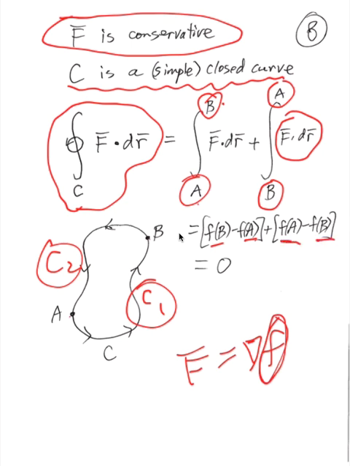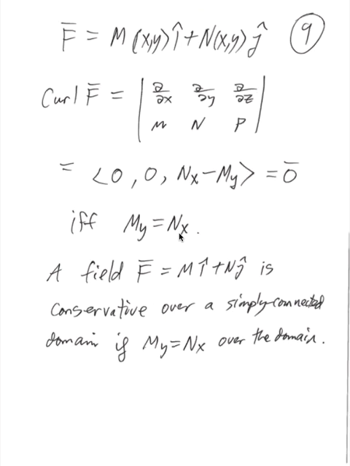But notice I'm taking the difference in the opposite order. And then what happens? We get total cancellation. So the point is, in a conservative field, if you're integrating around a loop, a simple closed curve is sometimes called a loop, by the way, you're going to get 0 for your answer. So that's pretty cool.